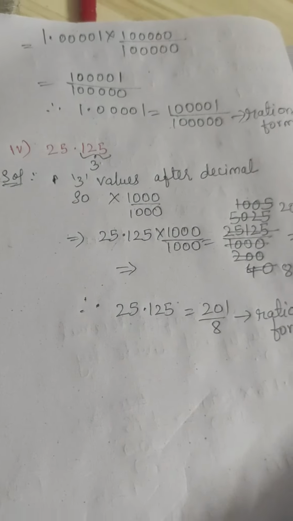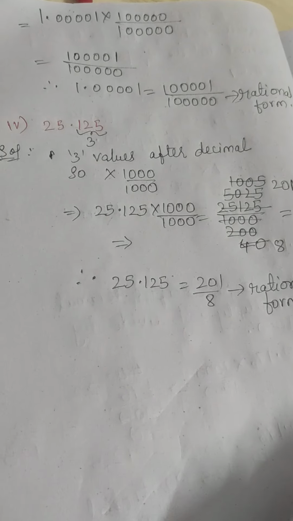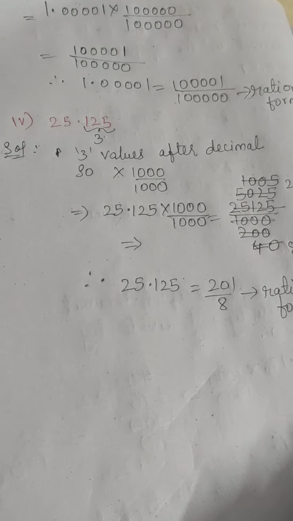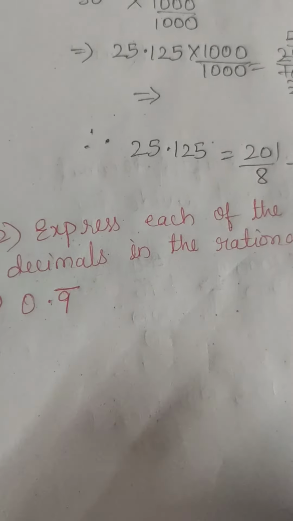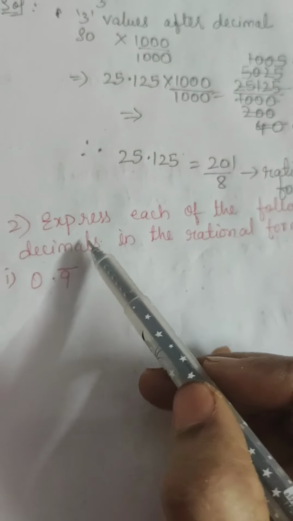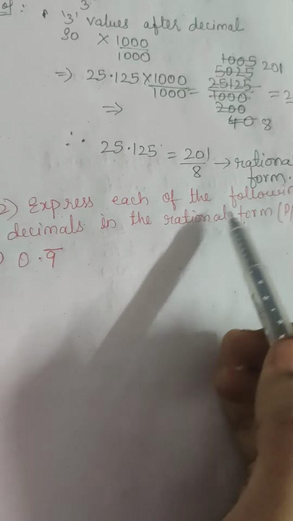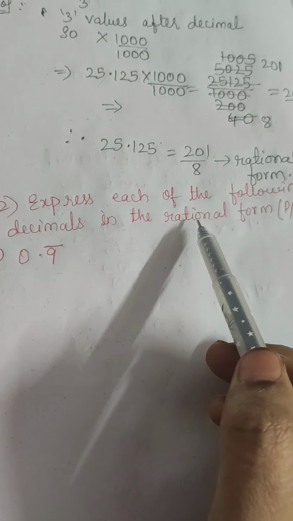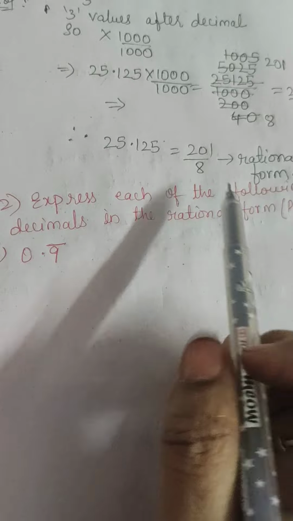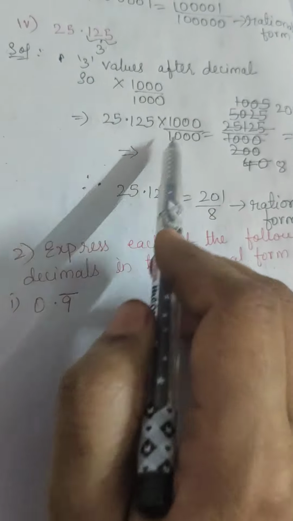Students, this is question number 1. I hope you understood. Now let us see question number 2. We will read it out. Express each of the following decimals in rational form. This is similar to question 1, but in question 1 we did terminating decimals.